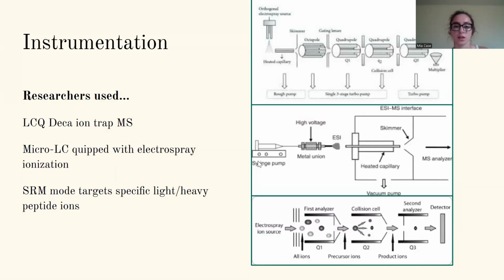And then here's the electrospray ionization. The researchers use the SRM technique because it tracks specific peptide transitions from precursor to fragment ions. This allowed them to distinguish between the light and heavy labeled peptides based on their mass, and then they were able to calculate the abundance given those signals.